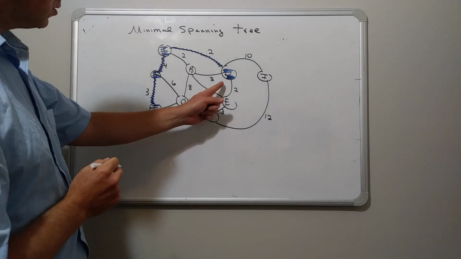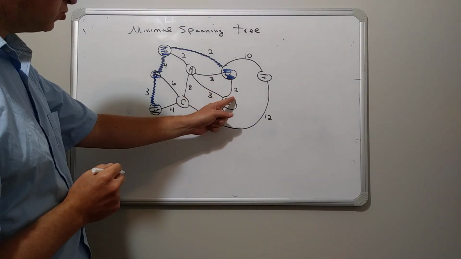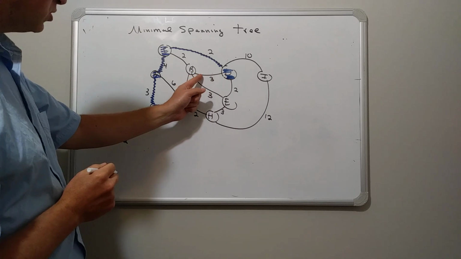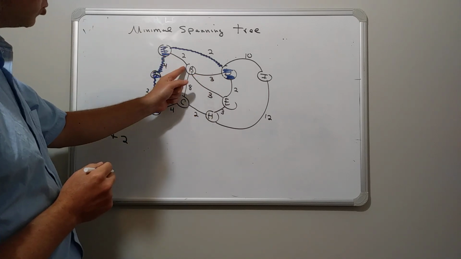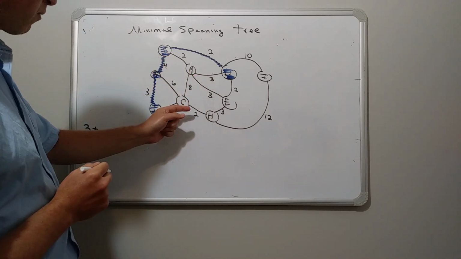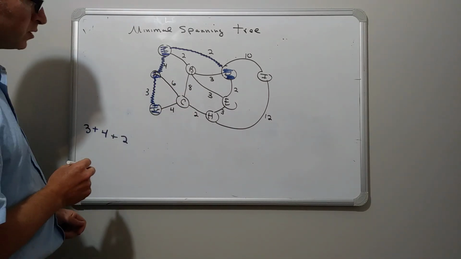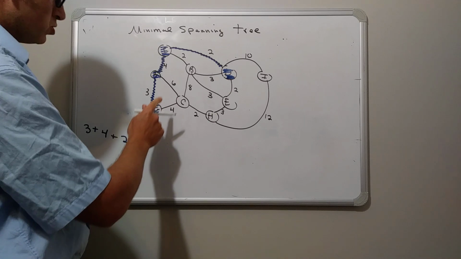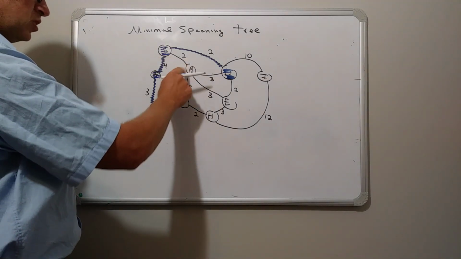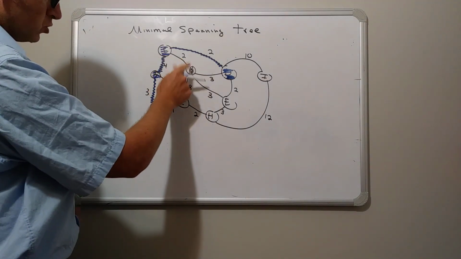Okay. From D, there's 3. From F, there's 2. So we have a choice. 2 is the smallest from any shaded to any unshaded. So let's choose this one next.